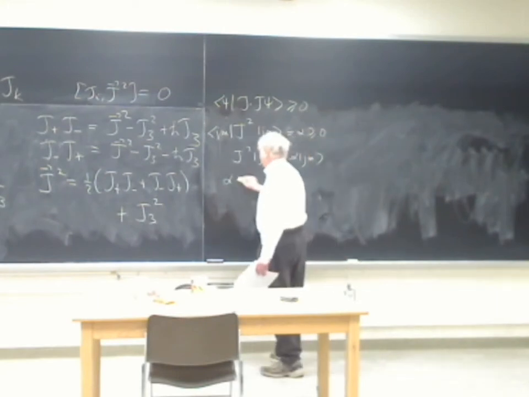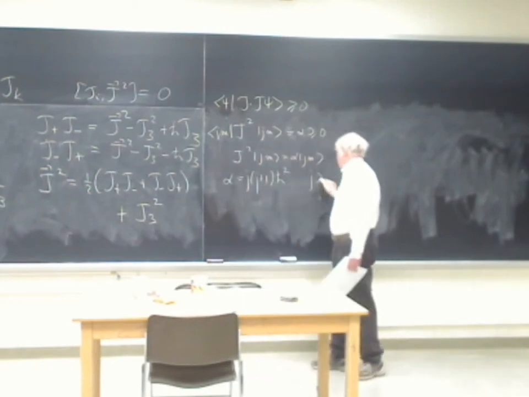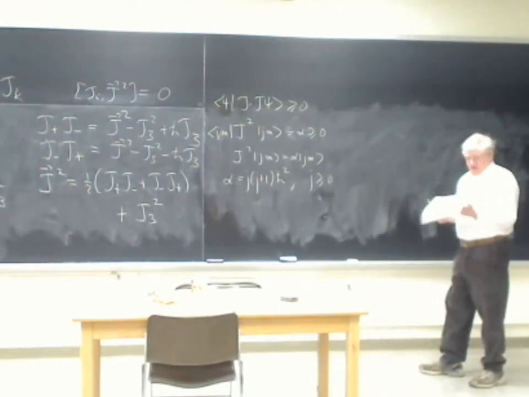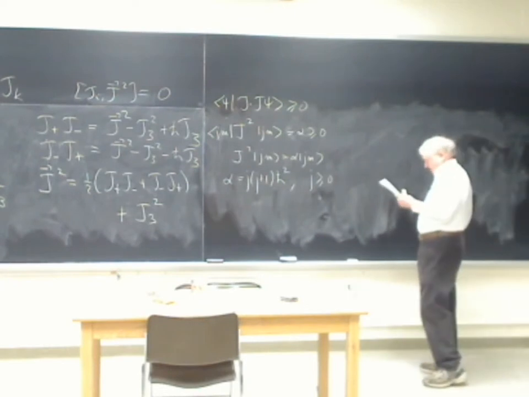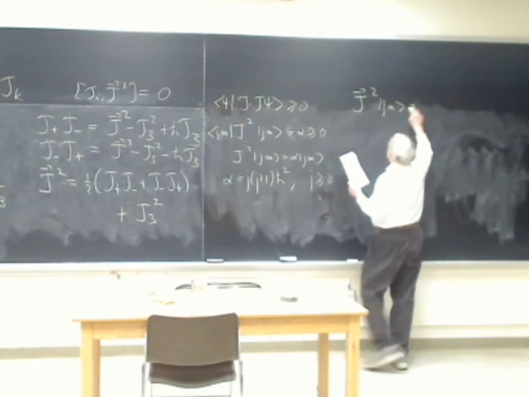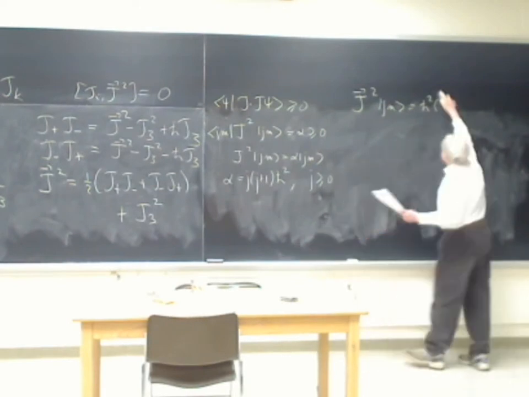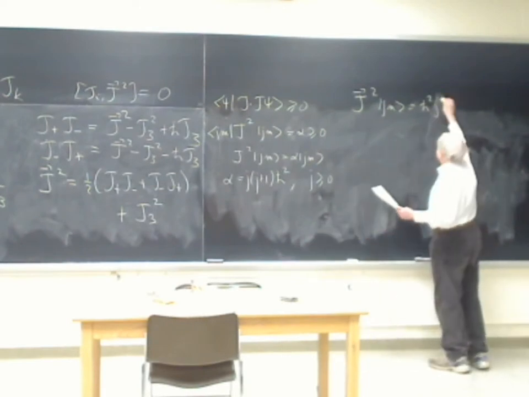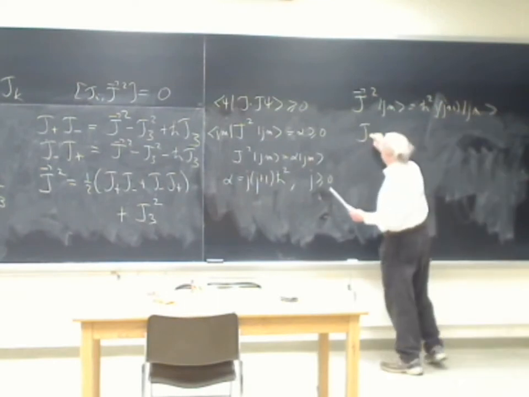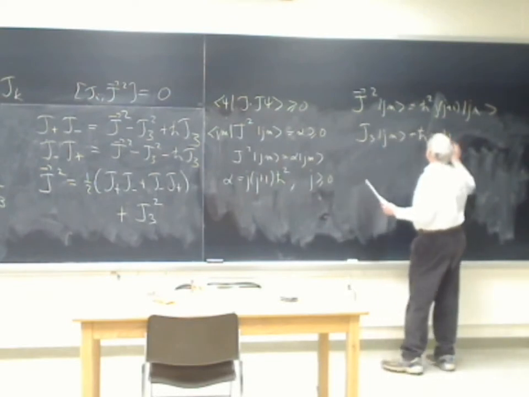We decided to set alpha equal to j(j+1) H bar squared with j greater than or equal to 0. And that's the way we proceeded. And we then considered J squared on Jm equal to H bar squared j(j+1) Jm, and J3 on Jm equal to H bar m Jm.